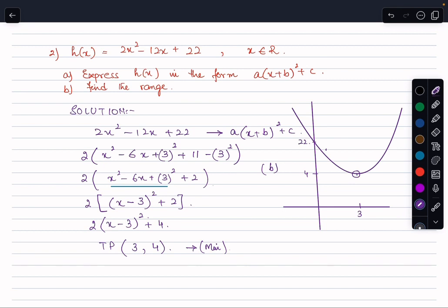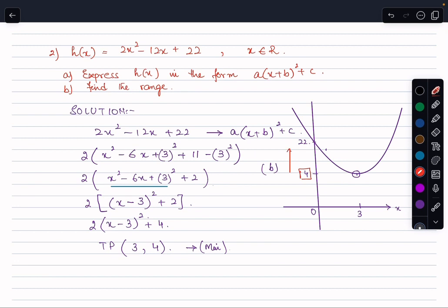I can see that the turning point is 3, 4. So I've just marked 3 on the x-axis, 4 on the y-axis, and here I can see that the curve has a minimum nature. So with the minimum nature, the minimum value that I can get for this function is a 4. So the rest of the values obviously are going to be greater than 4.